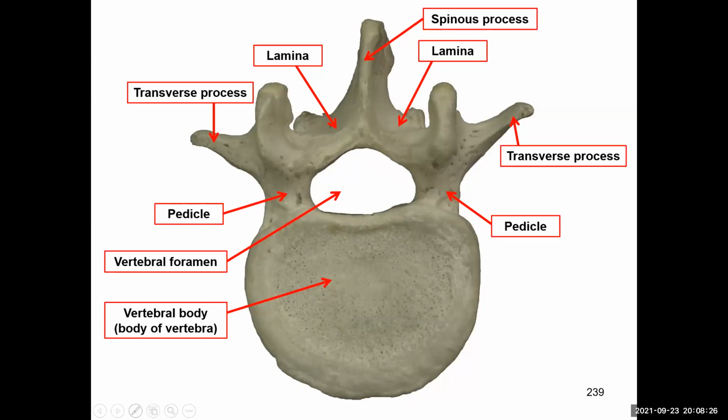And then you've got your vertebral arch, which is all of this. Okay, we're going to talk about now all the parts to the vertebral arch. So where the vertebral arch connects onto the posterior aspect of the vertebral body, that's the pedicle, this right here. Here's one pedicle, here's the other pedicle.